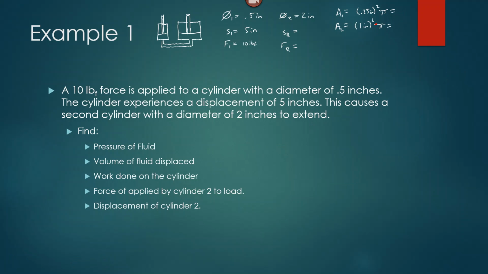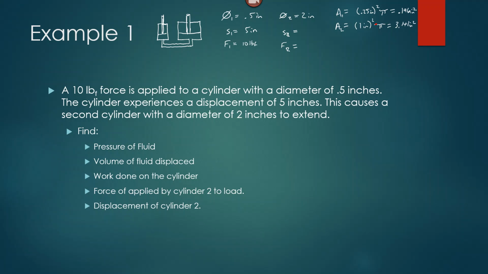Area 1 is going to be 0.196 inches squared. Area 2 is going to be equal to 3.141 inches squared.